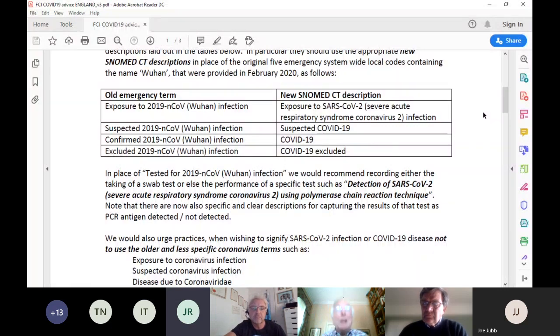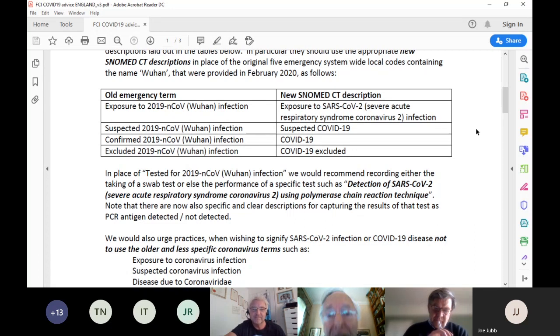Sorry, let me just be very clear. I don't believe they will have changed the entries in the record, but they will have removed them from the picking list. What EMIS did is to edit the Wuhan word out, and they replaced it with novel coronavirus. And I think that, Jeremy, you will confirm that in many cases that's actually now a synonym of the preferred term.